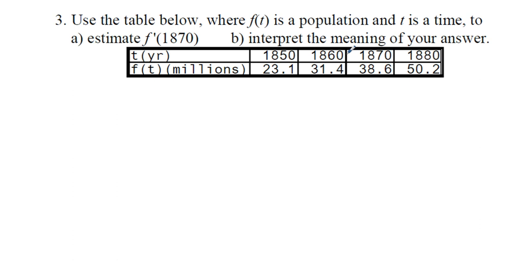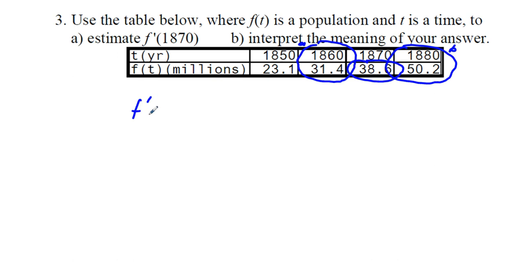Well, AP test standards are that if you have a value, in this case in 1870, you had exactly 38.6 million. The one I would like to use is on either side of 1870. So I'd like to consider 1880 as B and 1860 as A.